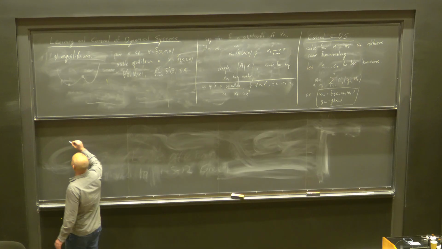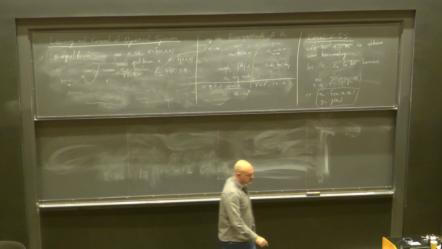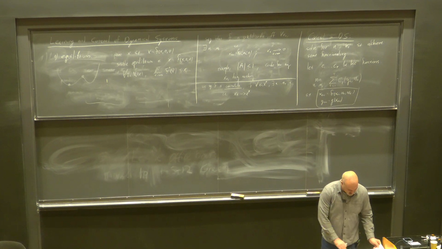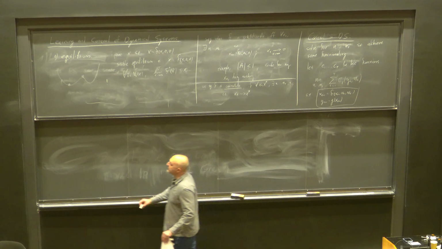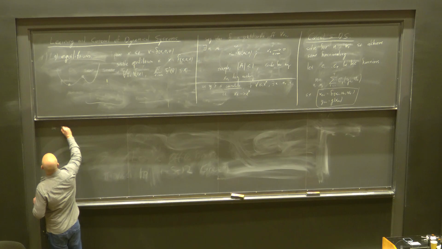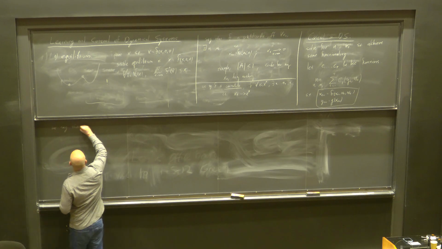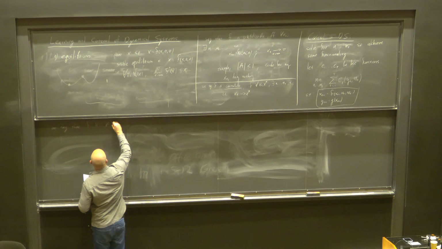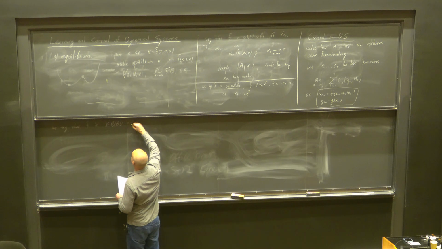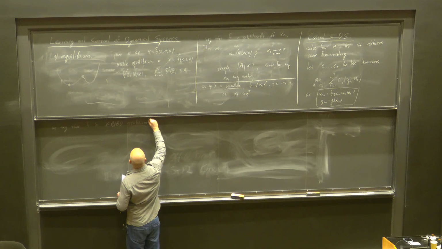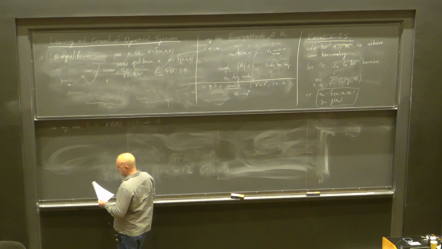So, to be more precise here, here is a stronger definition. We say that f is gamma BIBO stabilizable, so bounded input, bounded output, if and only if the following happens.